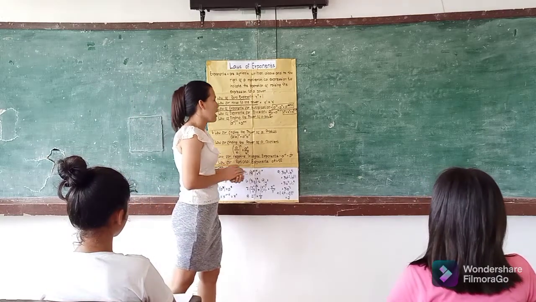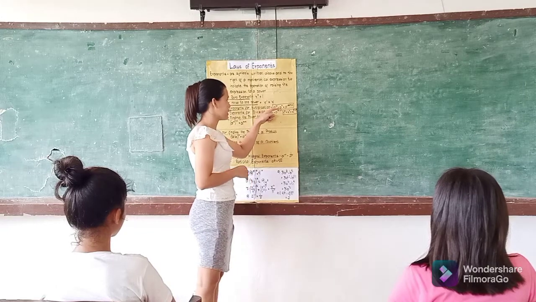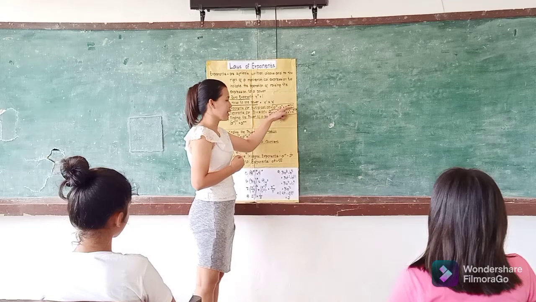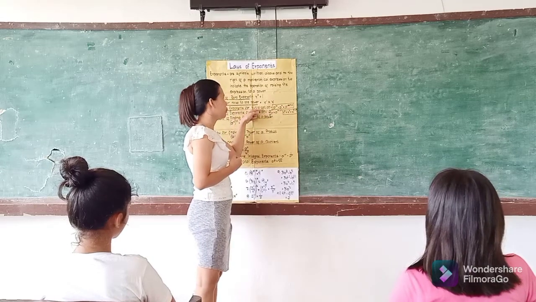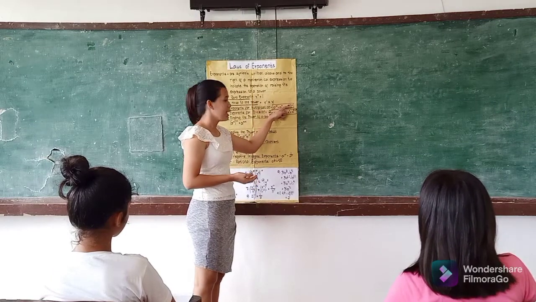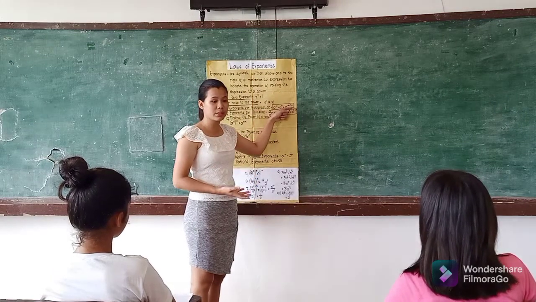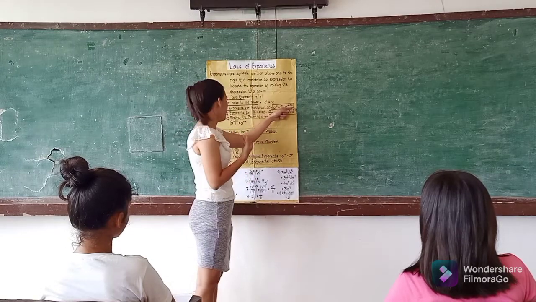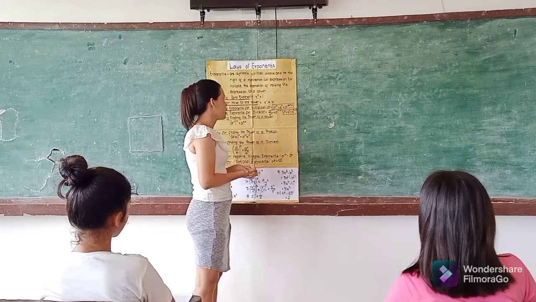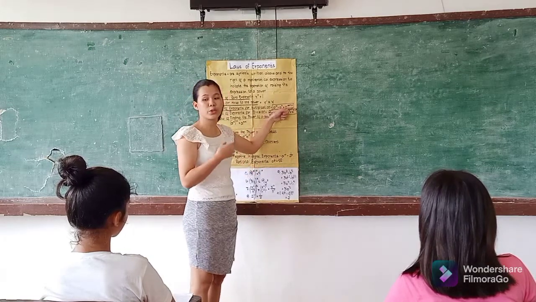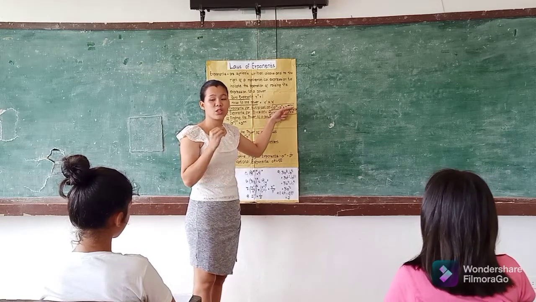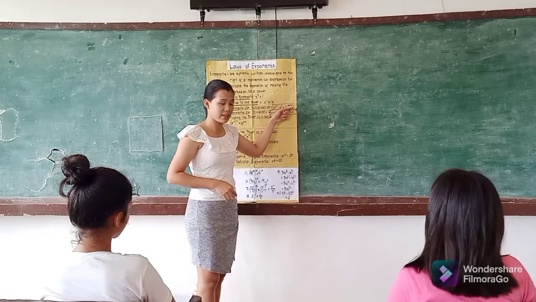In here, okay, a raised to m times a raised to n is equal to a raised to m plus n. Okay, ma'am, it is for multiplication, but why do we add the exponents? It is because this is the rule or the law in multiplying: the law of exponents for multiplication, where you are going to add the exponents.